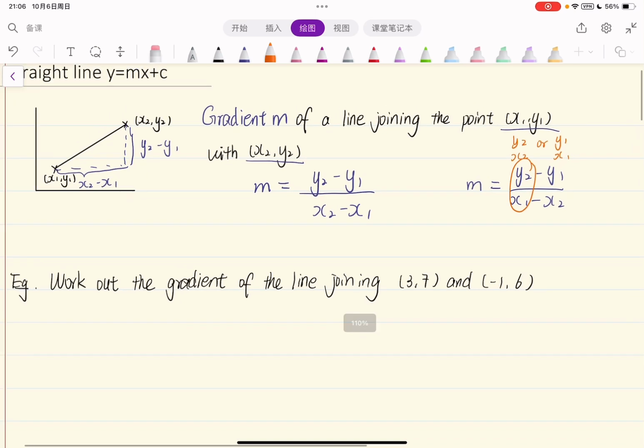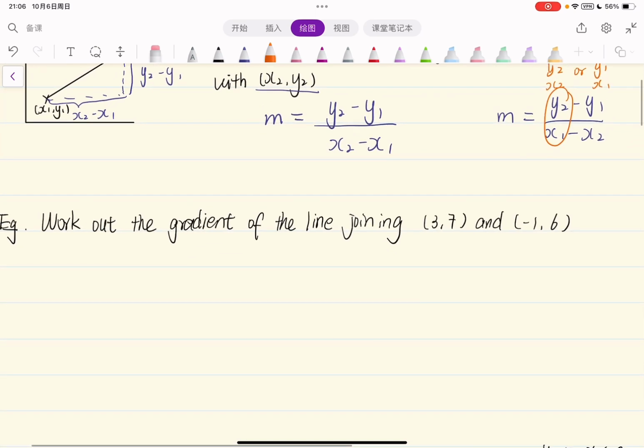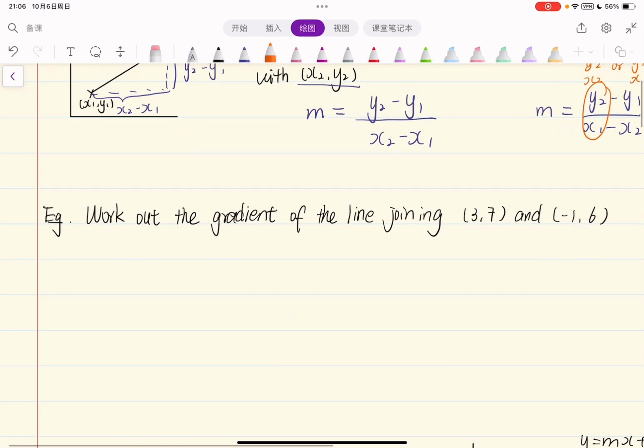Now we can see an example. To work out the gradient of the line through (3, 7) and (-1, 6), we can write x1 equals 3, y1 equals 7, and x2 equals -1, and y2 equals 6.